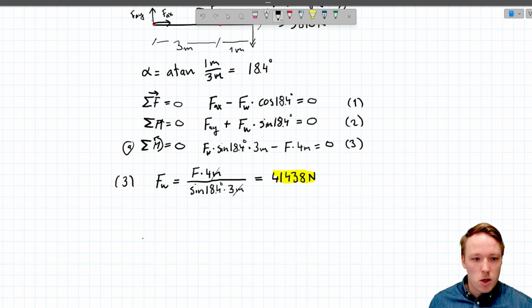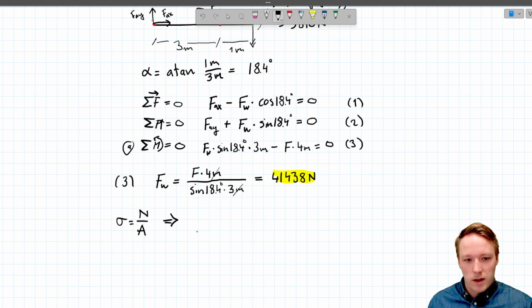So from the equation of normal stress, sigma is N divided by A. Now we know that sigma can be at maximum 120, and the normal force is 41,438. So from this equation we can solve the A.